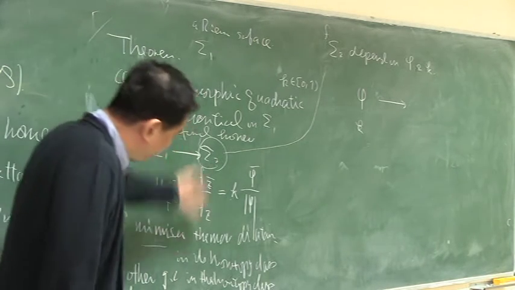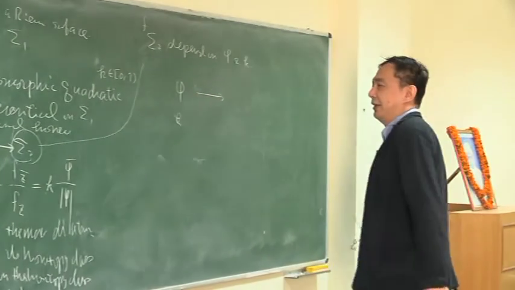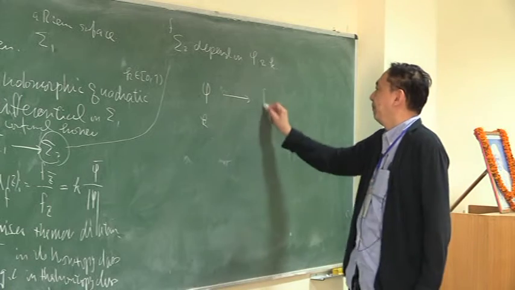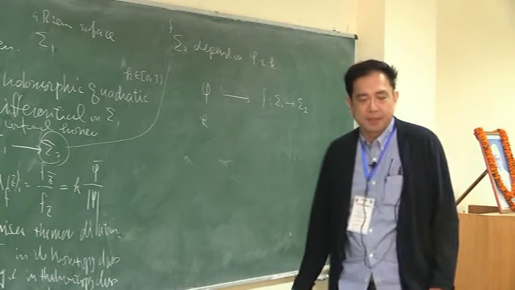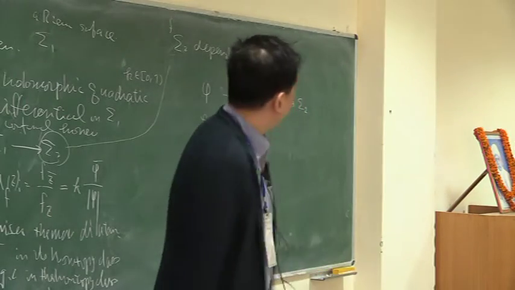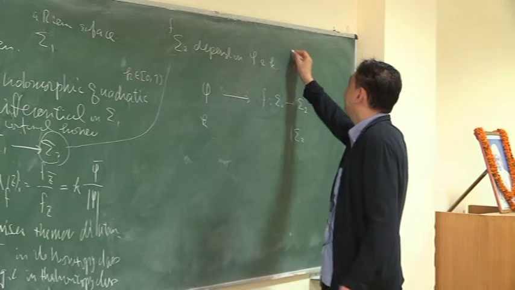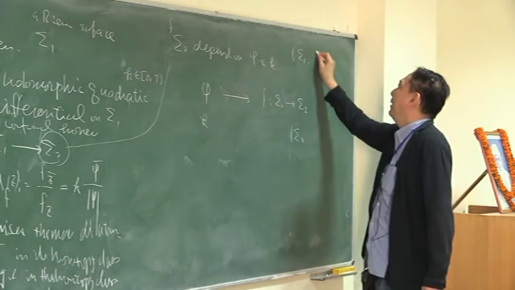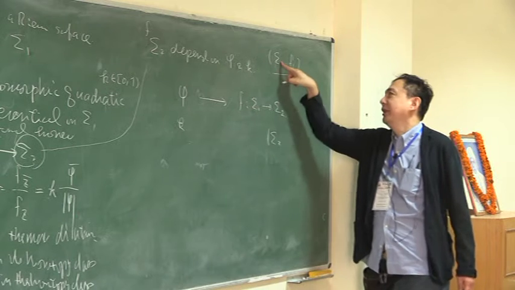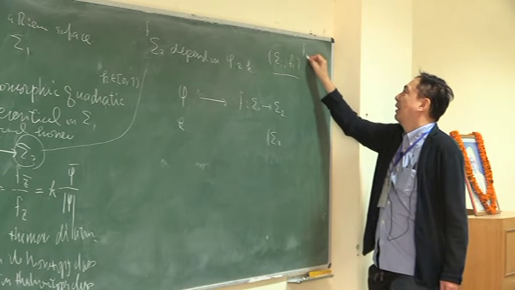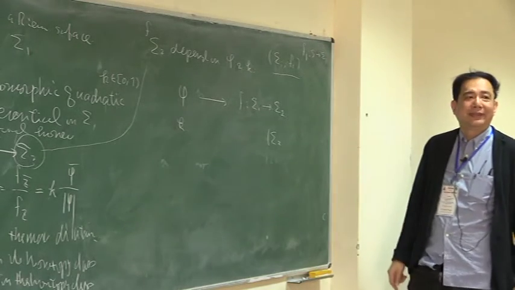But anyway, we assume that. Then from phi and k, you have a map. So then you have a point in the Teichmüller space. We fix some base point, which is this Riemann surface sigma 1 plus some homeomorphism from S to sigma 1.